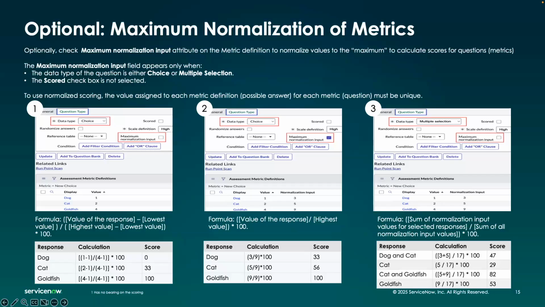This is because the normalized score is harmonized on a scale of 0 to 100. This is a better score for the scoring calculations than 0 as the score. In example 3, the formula changes to practically apply to a data type of multiple selection. That's it.